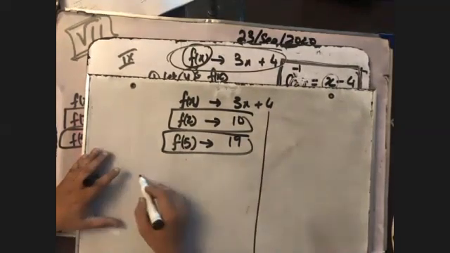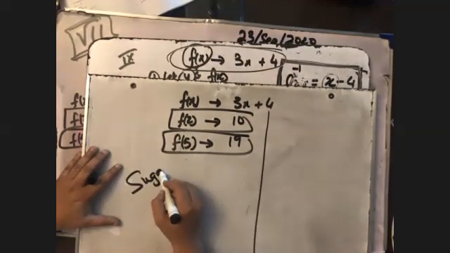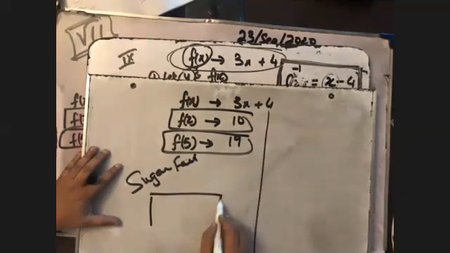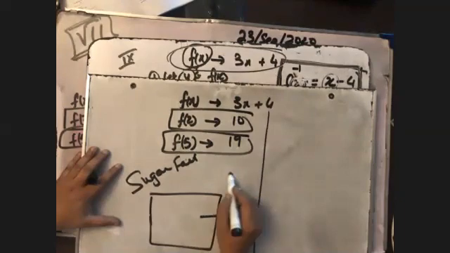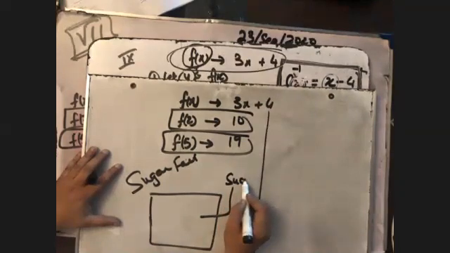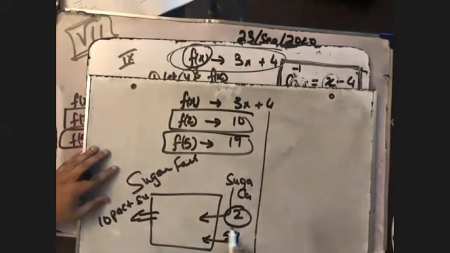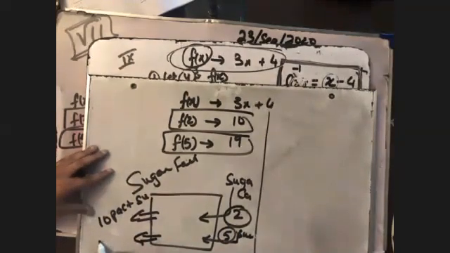Correct? This was the normal sugar factory. You put in the sugar cane, 5 loads of sugar cane, and you get 19 packs of sugar.